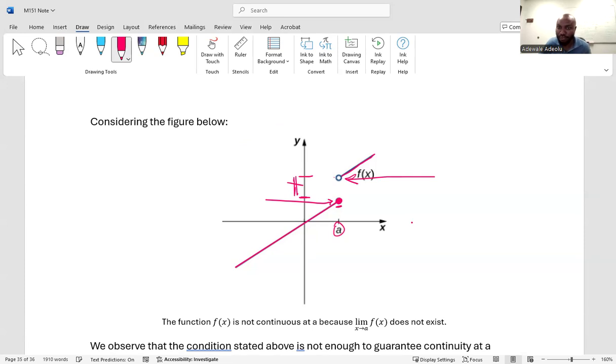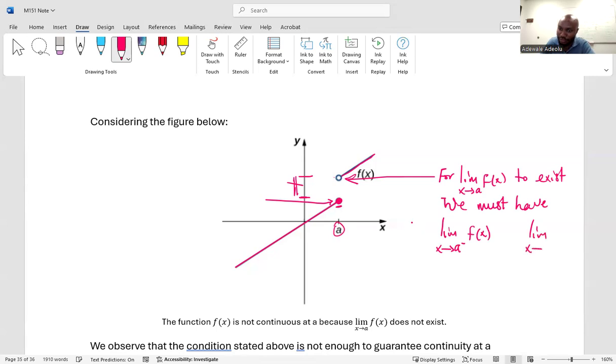Remember, for the limit of that function to exist, we must have the limit as x goes to a from the left of f of x and the limit as x goes to a from the right of f of x be the same.